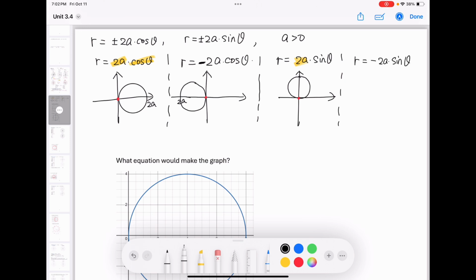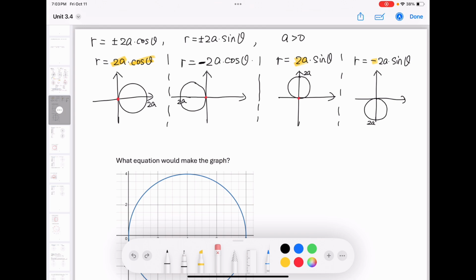Okay, how about the next case, which is r equals negative 2a times sine theta. Sine theta again means my circle is on the y-axis. If it's on the y-axis, I need to decide positive or negative y-axis. Negative. So the negative y-axis is here at the bottom, and the diameter is 2a. Here it is also 2a. Some of you may ask, why don't you put negative 2a?